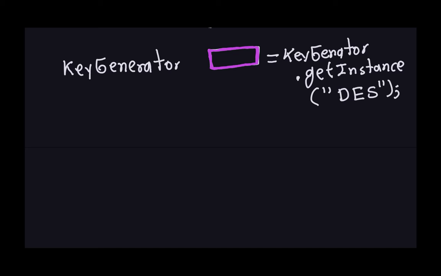The object that I'm creating here is going to give me a type called SecretKey. So let's go ahead and see how that works.